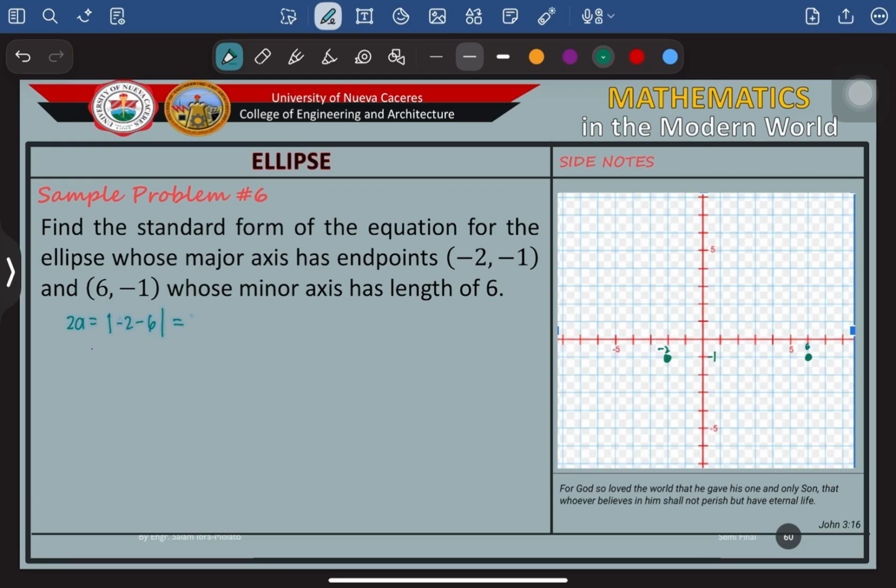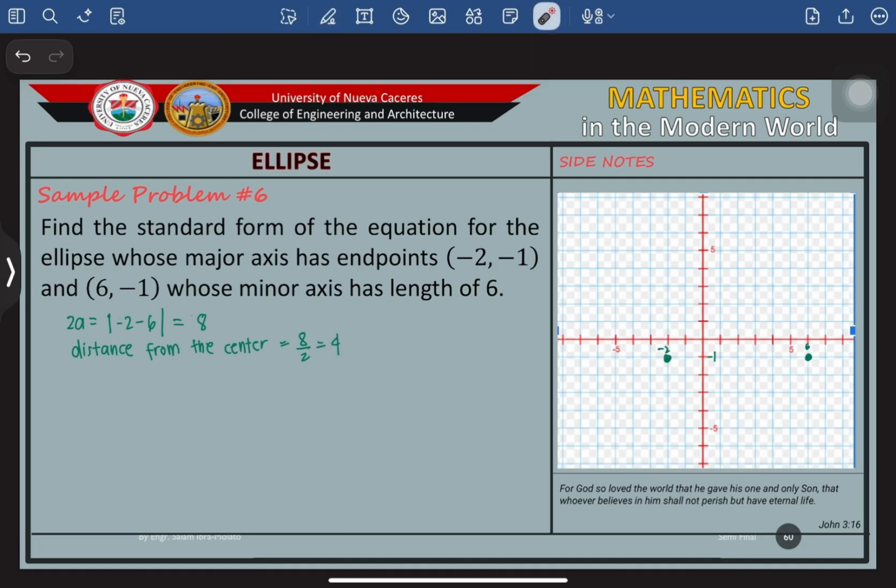So the distance is 8. Then divide it by 2 for us to get the distance from the center. 8 over 2 is 4.